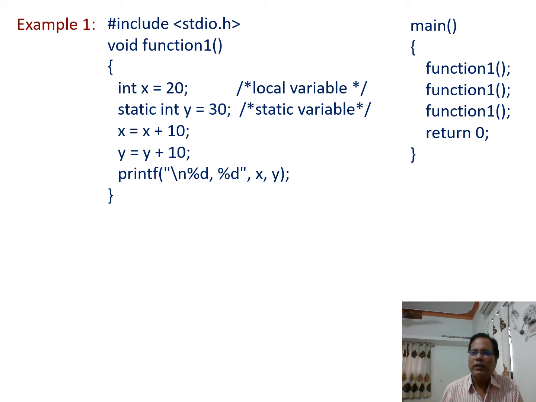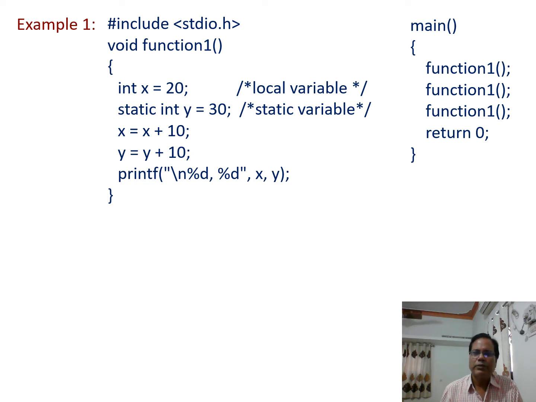When we call the same function the second time, during the second call, the value of x is assigned 20, and when it is incremented, it becomes 20 plus 10, that is 30.